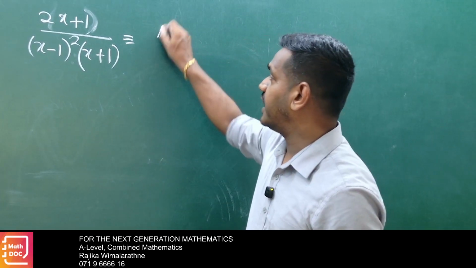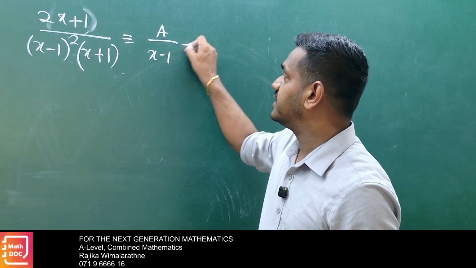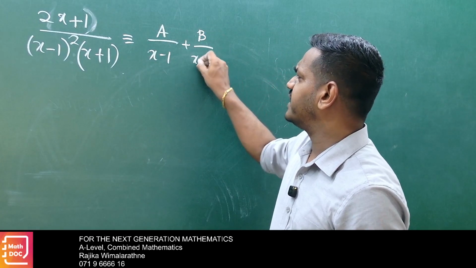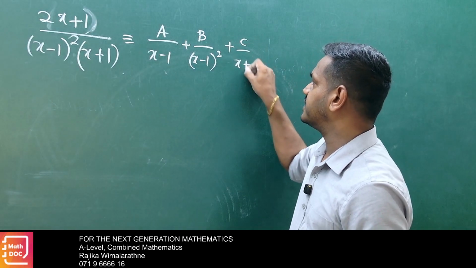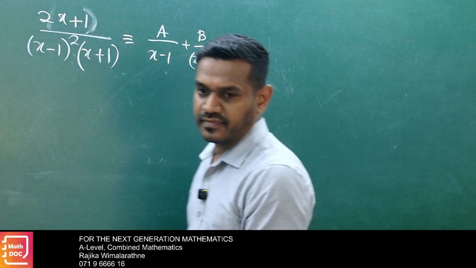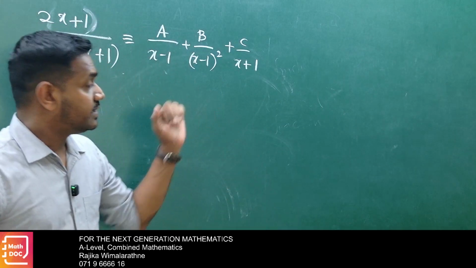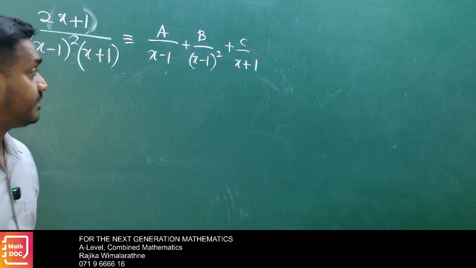Now A over x minus 1, B over x minus 1 squared, you repeat, C over x plus 1. Okay, then we have to simplify this.